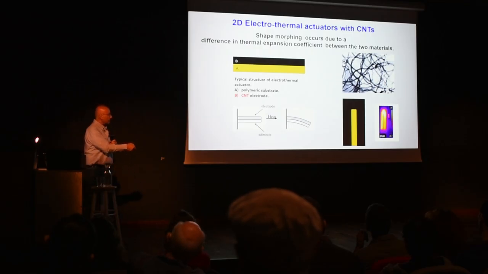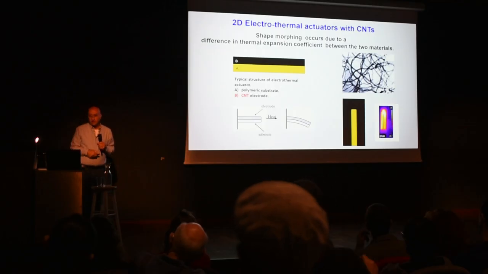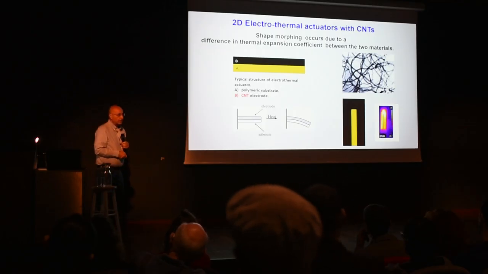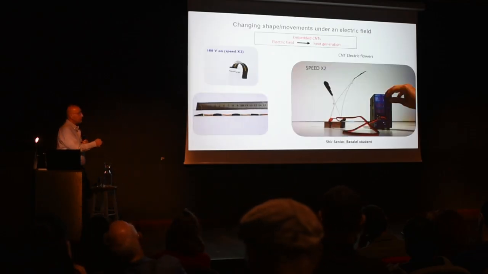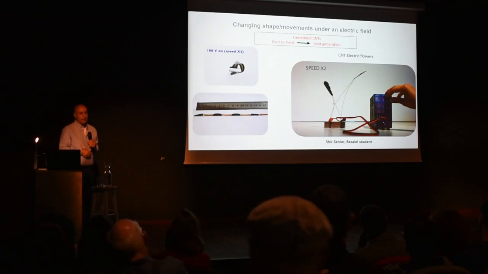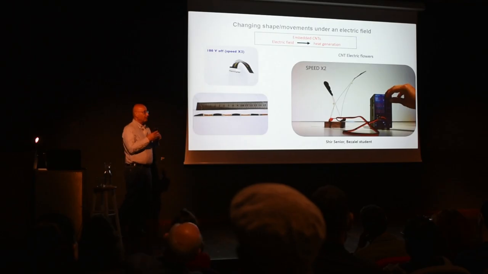This is a thermal image, and you can see how this thing is heating up. So based on that polymeric substrate and printed carbon nanotubes, we can get deflections. And we can control the deflection, for example, you can see here, by combining electricity, carbon nanotubes, and polymers.